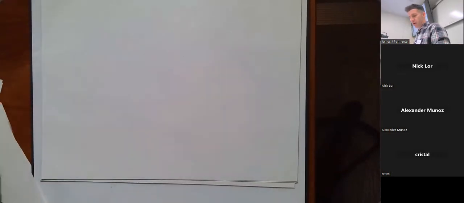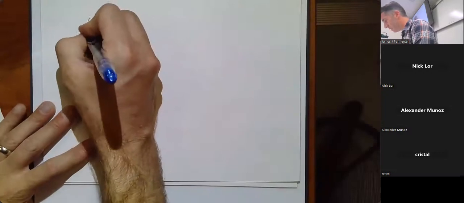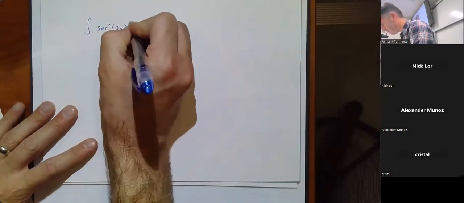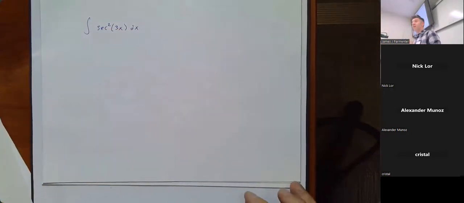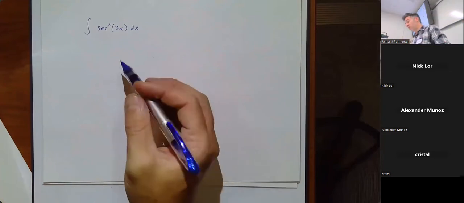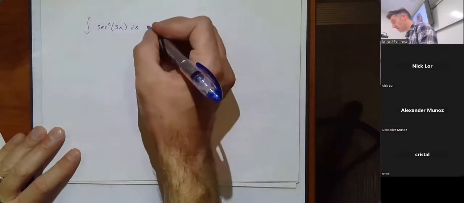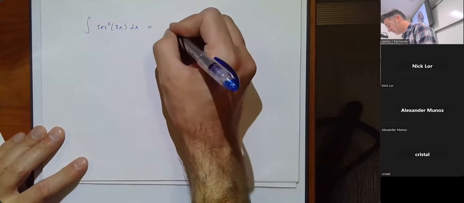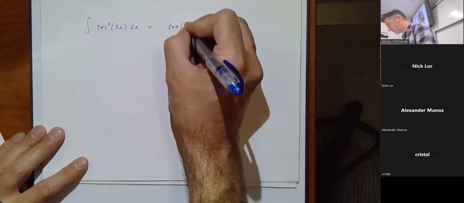Okay. Let's say we want to find the antiderivative of secant squared of 3x. Well, I know the antiderivative of secant squared of x. Right? I know that the derivative of tangent of x is equal to secant squared of x. So if I'm looking for the function whose derivative is secant squared of 3x, well, if I'm integrating secant squared of some stuff, I'm going to get tangent of that stuff.